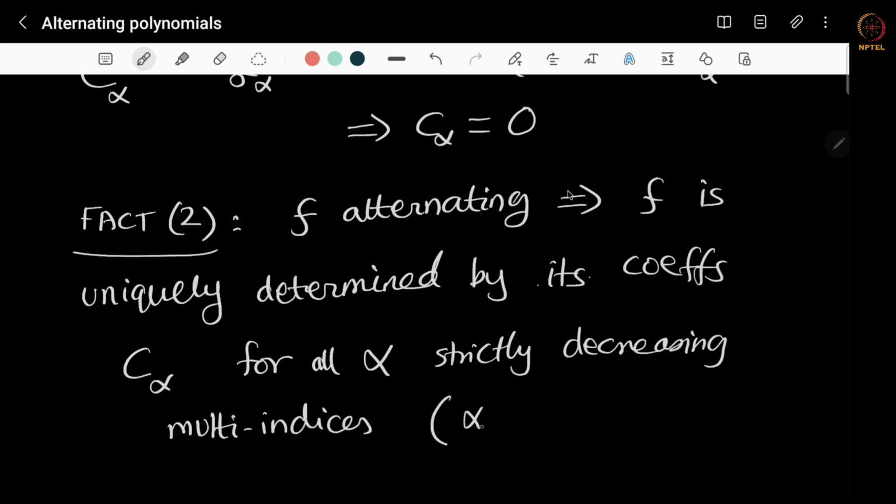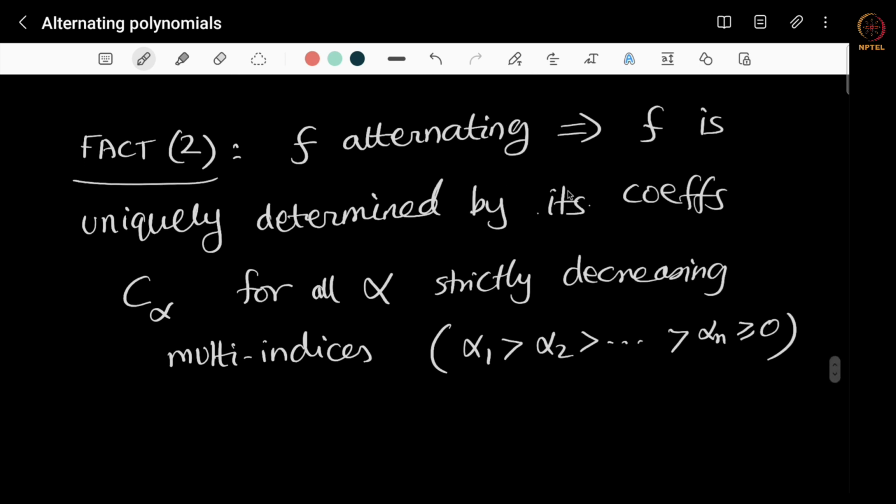Okay, what does that mean? Strictly decreasing just means decreasing with no equalities. Again, why is this true? More or less obvious. Once more, we've already seen that C alpha is 0 unless the entries are distinct. So, proof of this fact: C alpha is not 0.